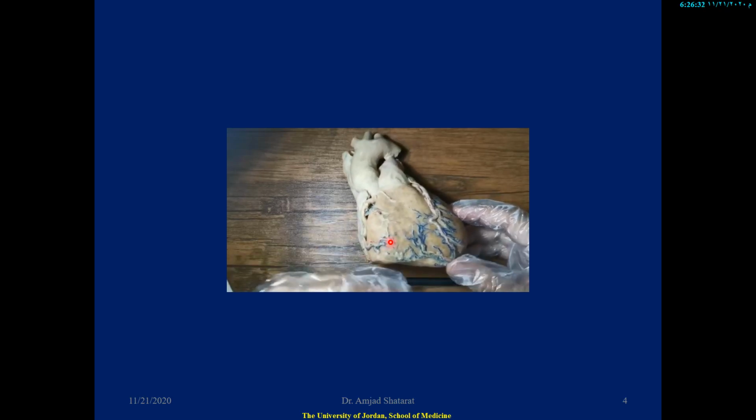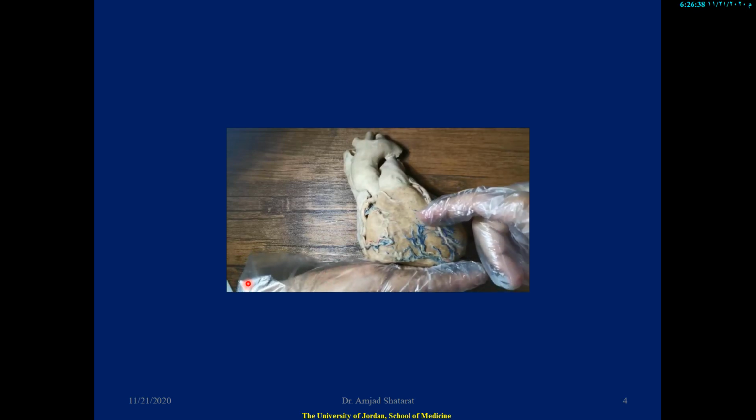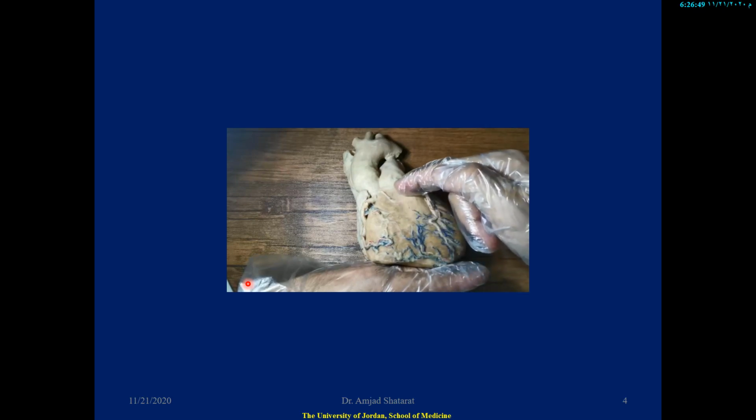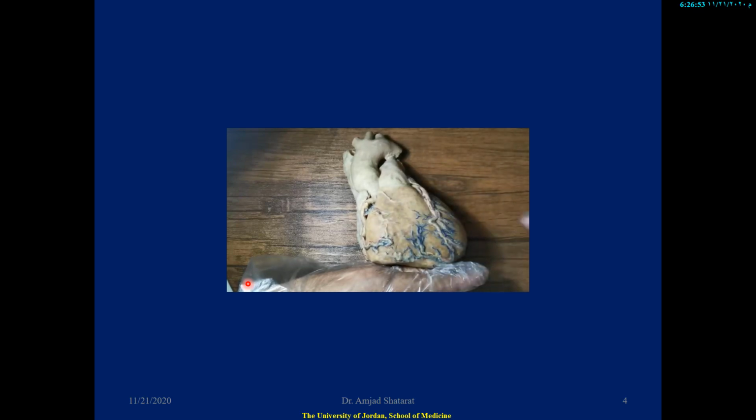So here would be the diaphragm, and therefore we have this surface, the anterior surface, or because it is behind the sternum and the ribs, we call it the sternocostal surface, all this anterior surface.